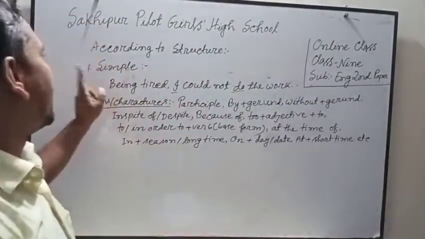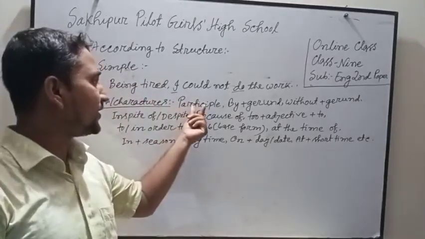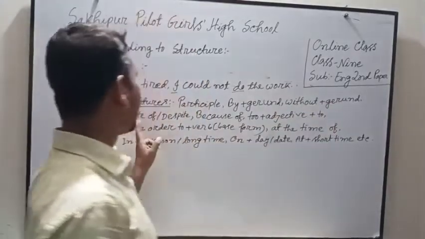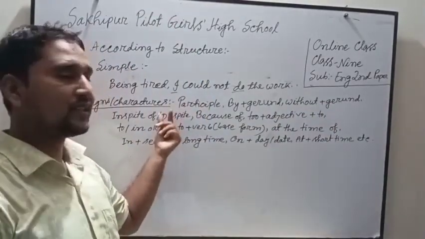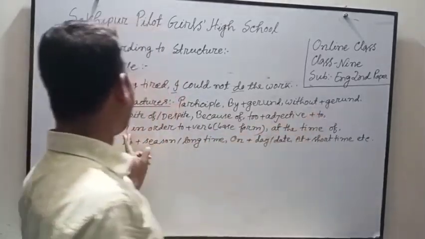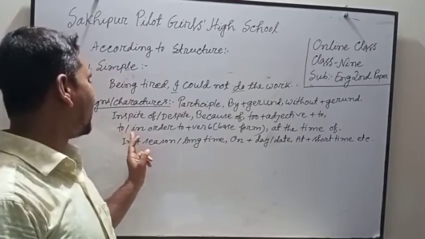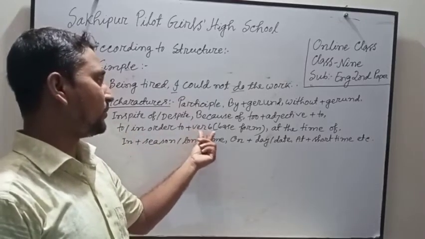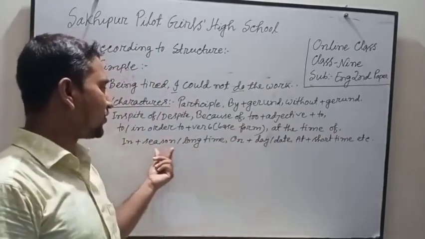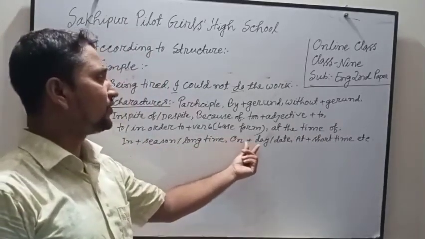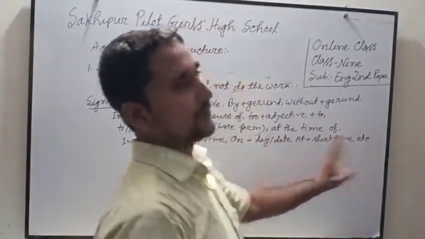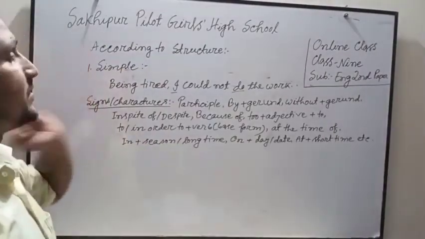How can we know it's a simple sentence? If we find participle, by plus gerund, without plus gerund, in spite of or despite, because of, to, adjective plus to, in order to plus verb base form, at the time of, in plus season or long time, on plus day, at plus short time, etc. These are the signs of a simple sentence.